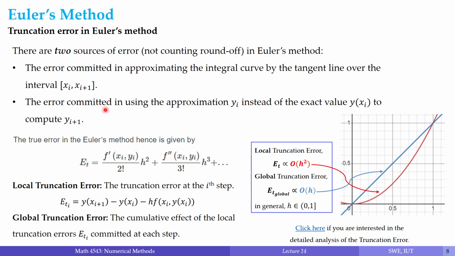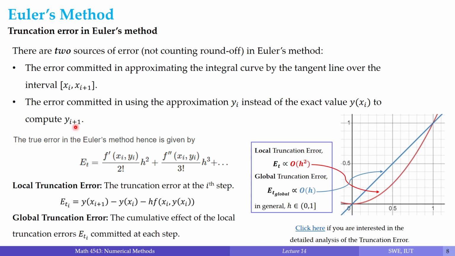Since at each step we are calculating the approximation using a faulty previous approximation, the approximation that we end up with at the ith step, y_i, is not a perfect approximation. It has some errors associated with it. That means when you use that y_i to compute the value of y_{i+1}, that error will propagate step by step.